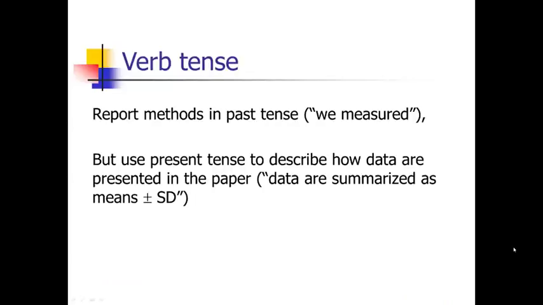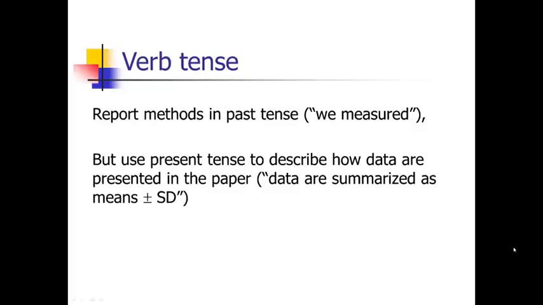For the verb tense, in the method section, as in the results section, you're going to report methods that are already completed in the past tense, because it's already done. We measured, we enrolled, we analyzed, the data have already been analyzed, all that's in the past. But again, same as with the results section, you're going to use the present tense to describe how the data are presented in the paper, because when the reader reads the paper, they're still presented in that way.